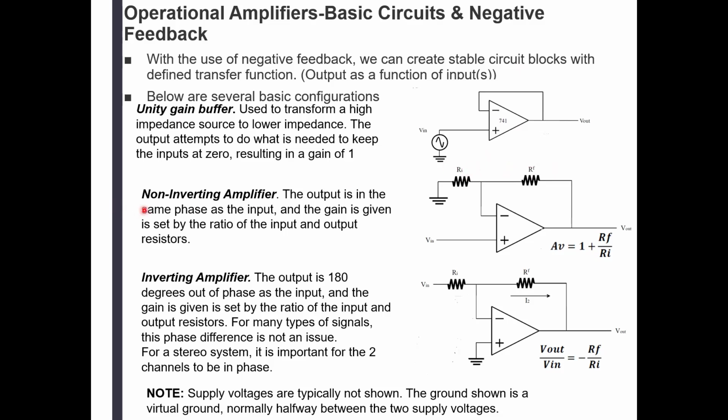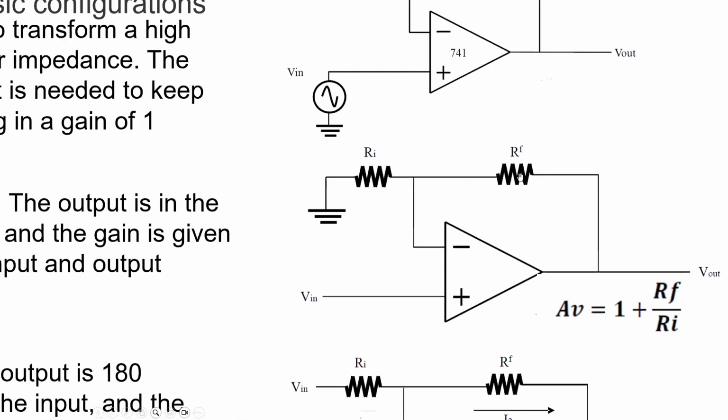All right, non-inverting amplifier. Well, we have some circuitry here. We have the feedback resistor, and we have the input resistor, and we have the signal going into the non-inverting input. So guess what's going to happen? The signal on the output is going to be in phase, which means not inverted, a version of the input signal.